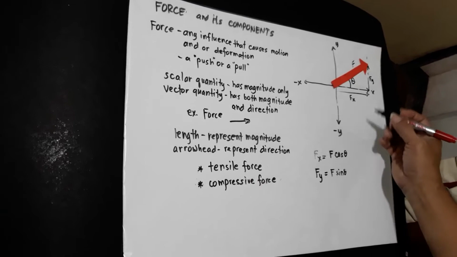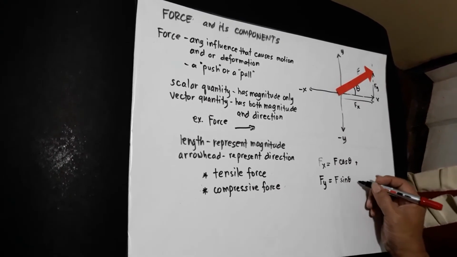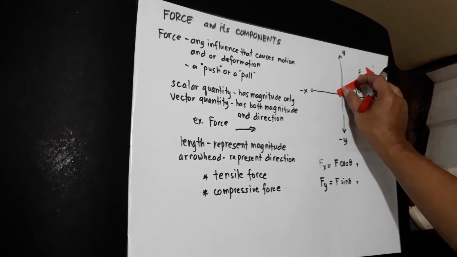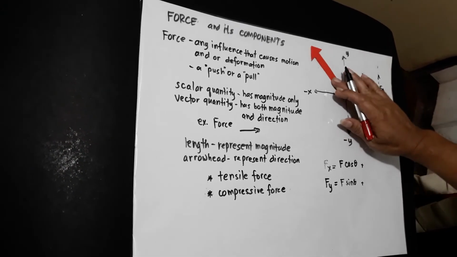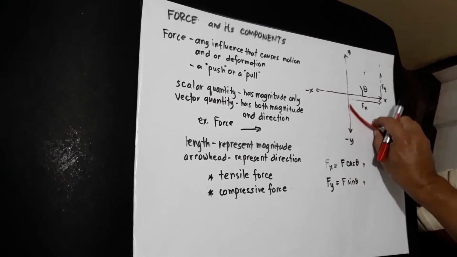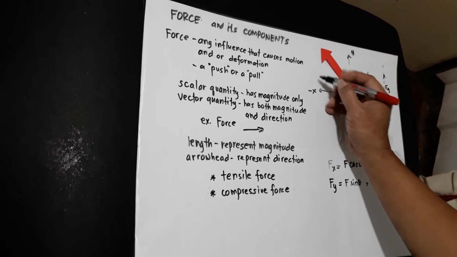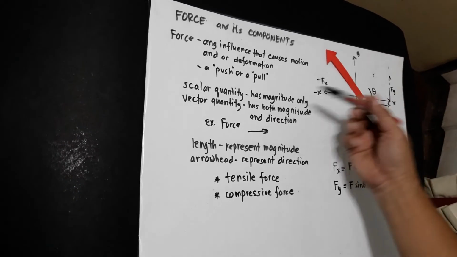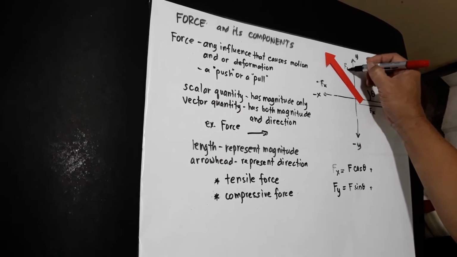So these values here become positive because it is going to the right, and positive also because it is going upward. This force can go from the first quadrant to the second quadrant, to the third quadrant, and to the fourth quadrant. If it is in the second quadrant, the x component is negative because it's going to the left, while the y component will be positive.